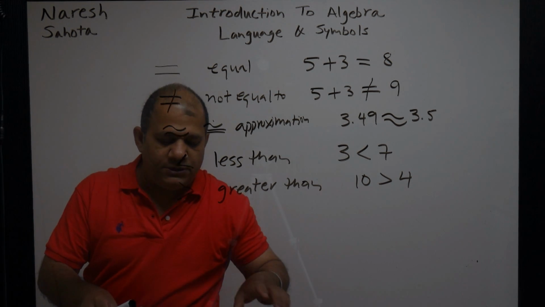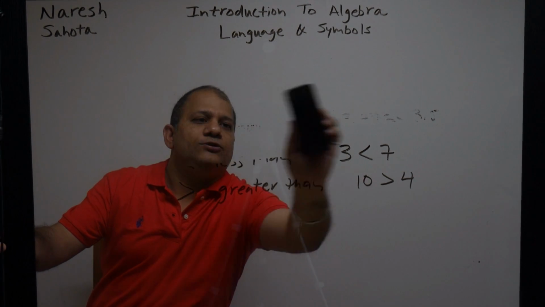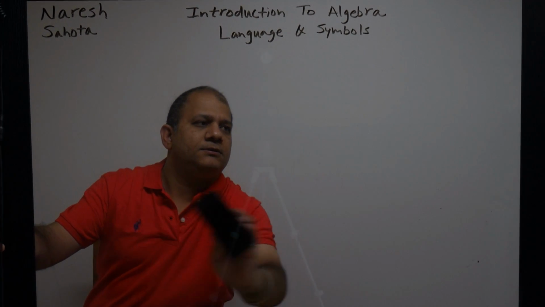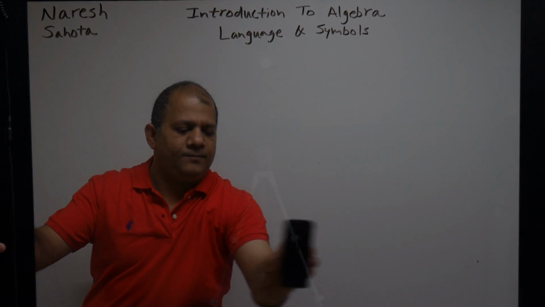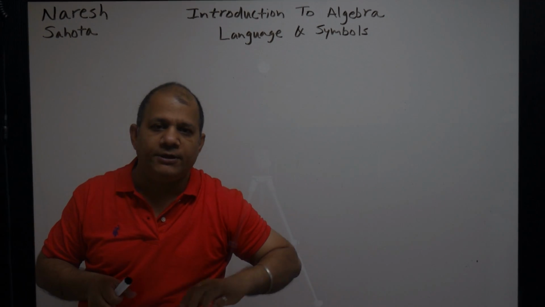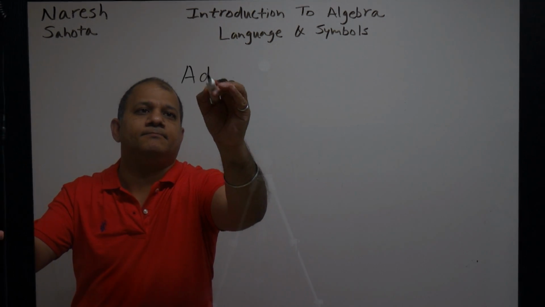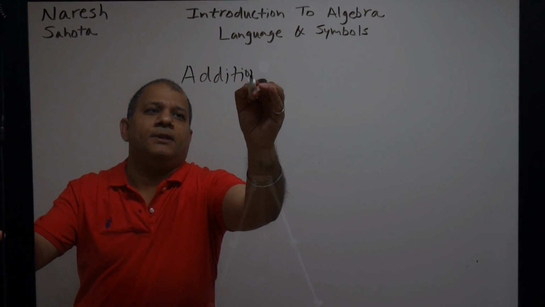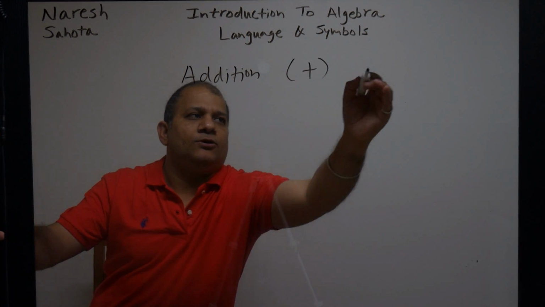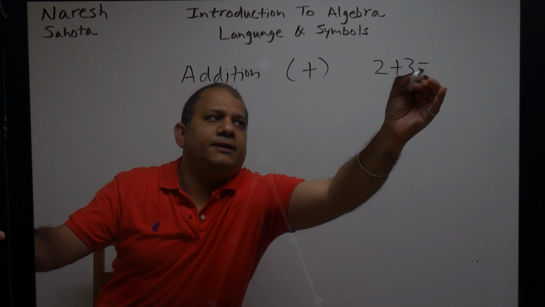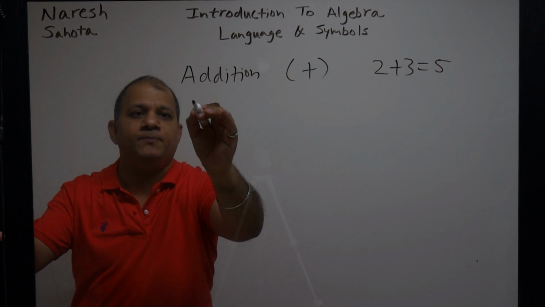So next we're going to talk about the operations that we do with numbers. The first operation is addition, and the mathematical symbol is plus. So 2 plus 3 equals 5. We've used the addition, the plus symbol.